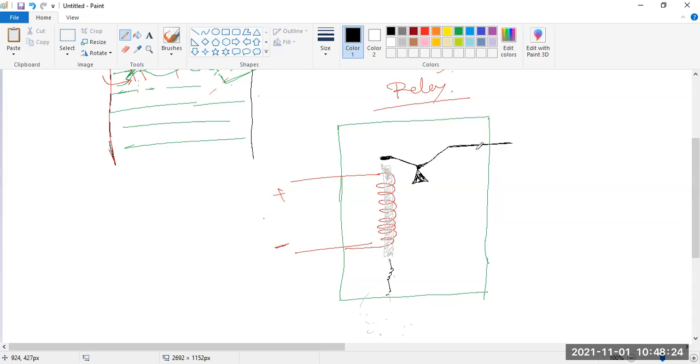This is the fulcrum position. Okay, and here is the common.